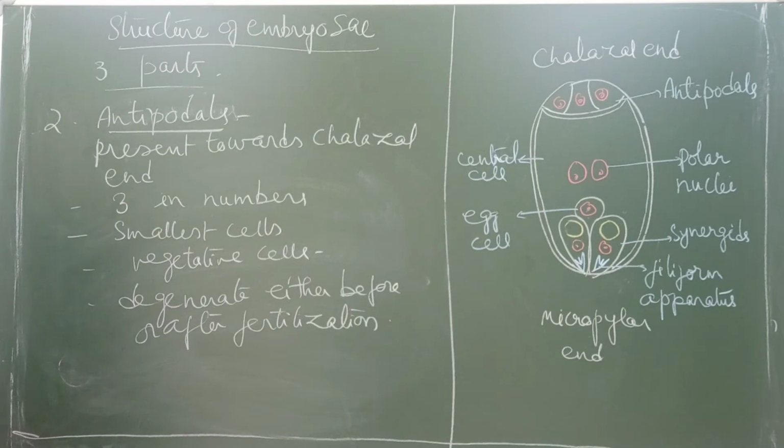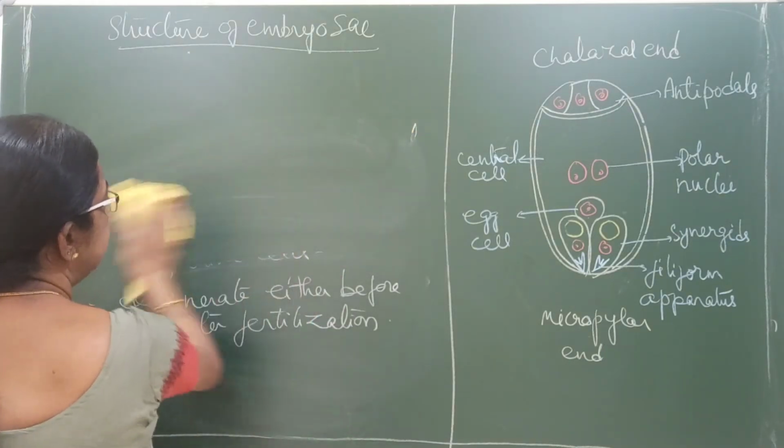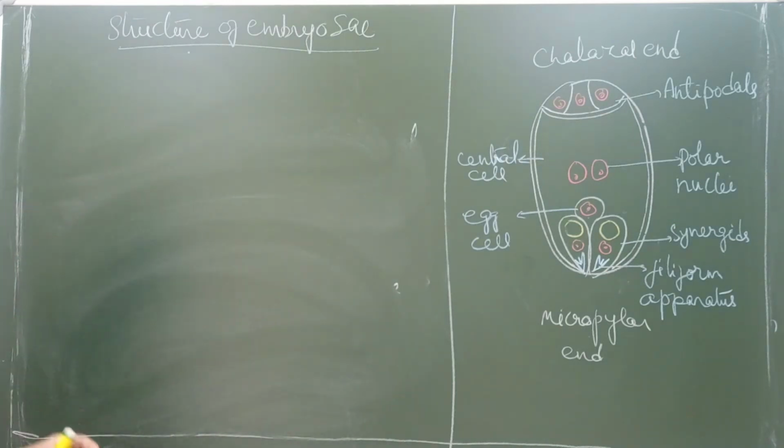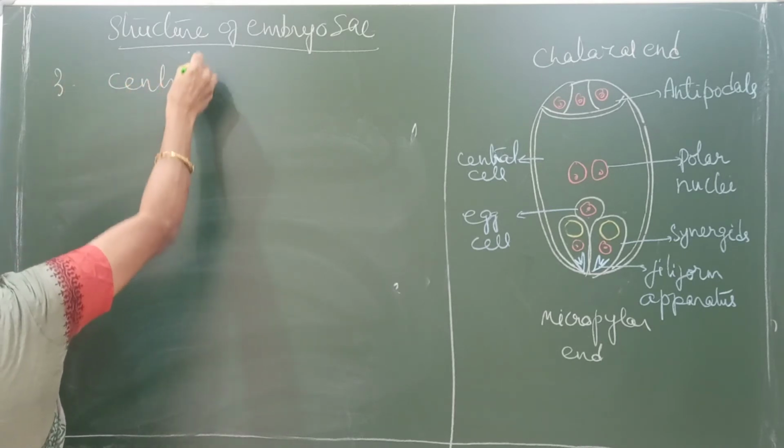So this is about the antipodals. Now let us see the third part of the embryo sac, that is the central cell.